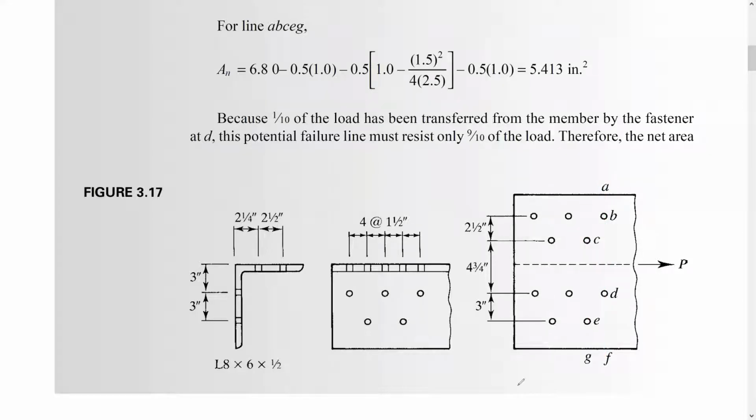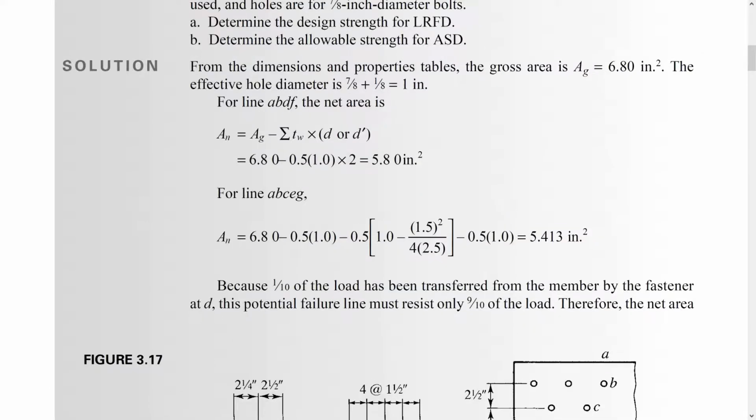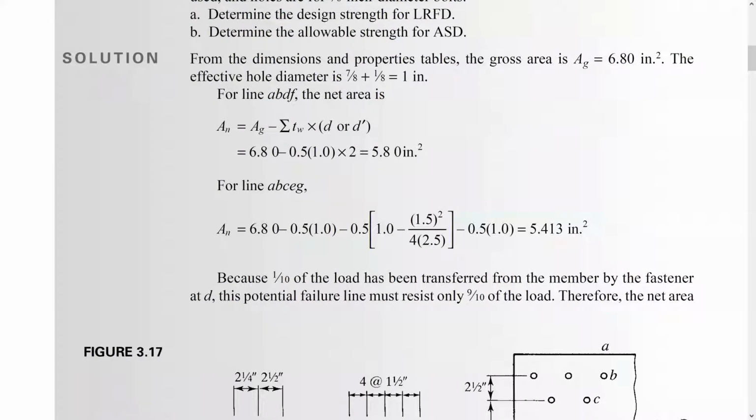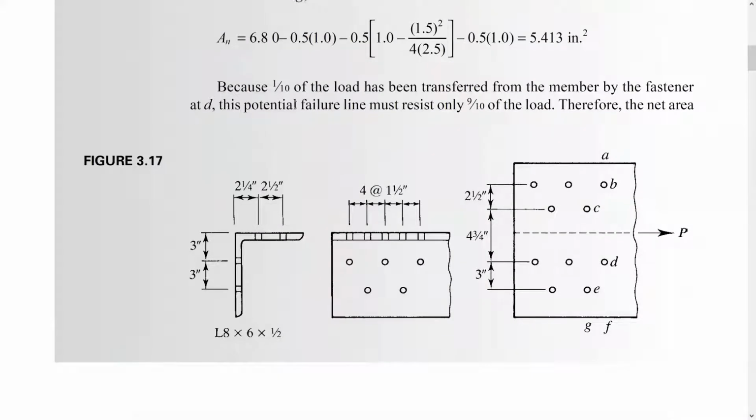So how to solve this example with this information? For the path here, A, B, D, F, which is this one here, the net area is equal to the gross area minus t times d, or the area of the holes.